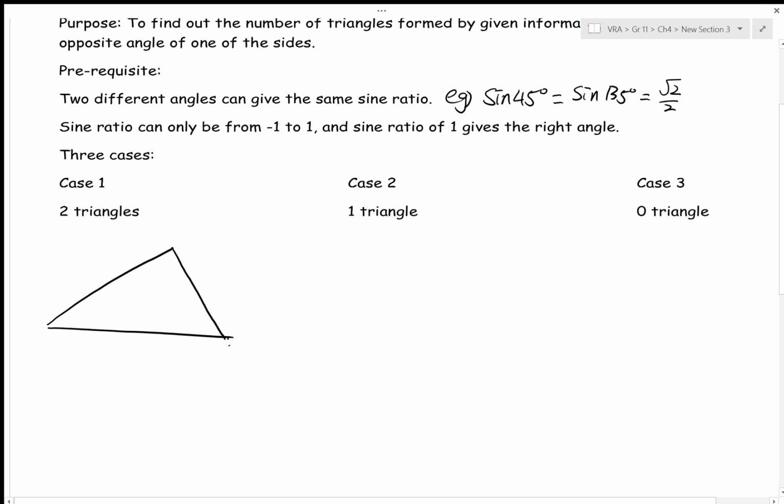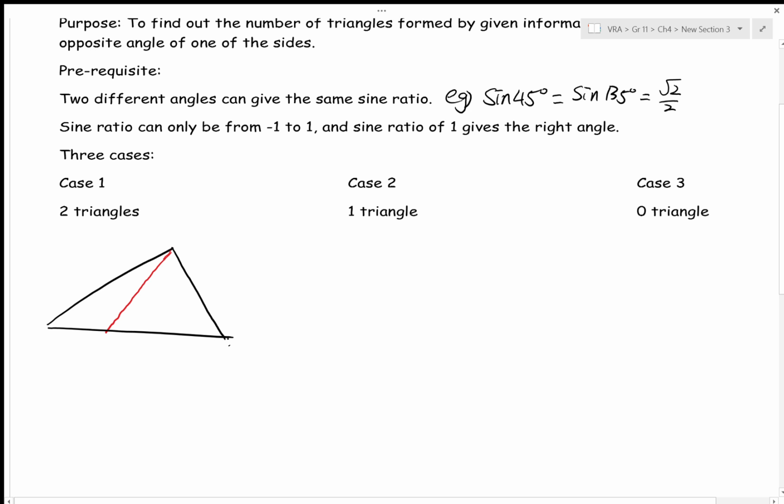So if I have formed this triangle, which is an acute triangle, what I can do is swing this arm this way, right? Then what happens is you actually have an obtuse triangle right here. You can see it.